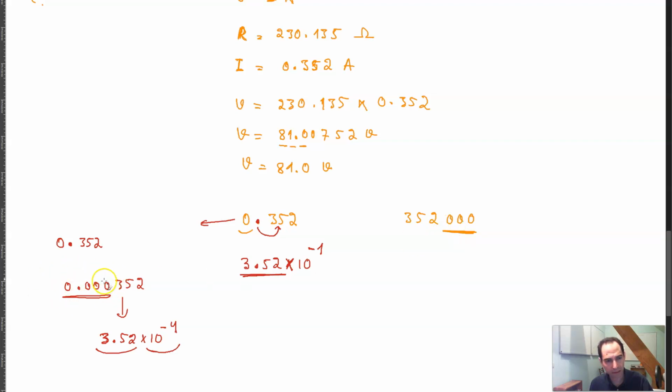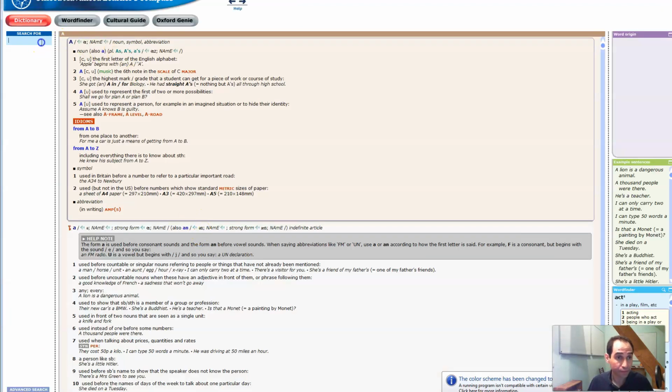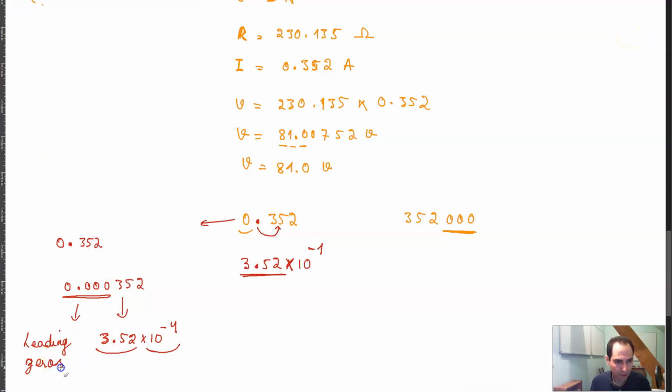Now there is the problem of trailing zeros. So these are called leading zeros, and here we have trailing zeros.